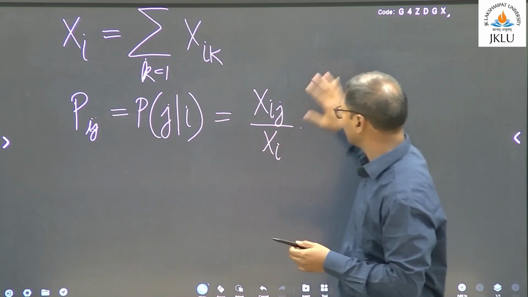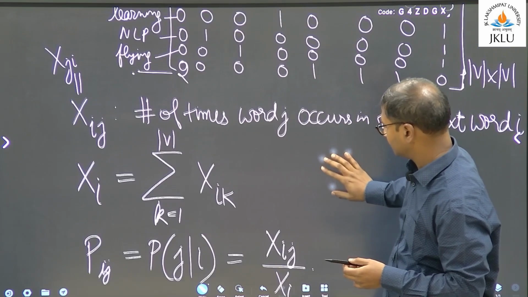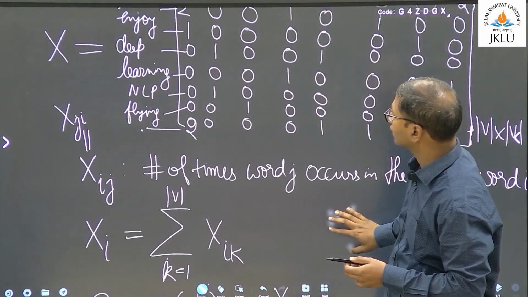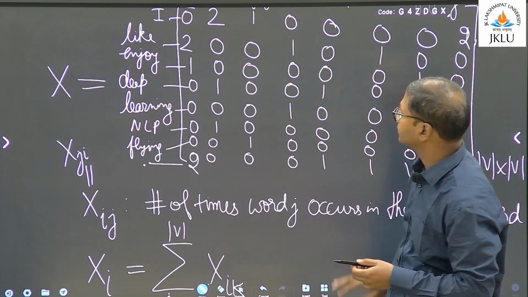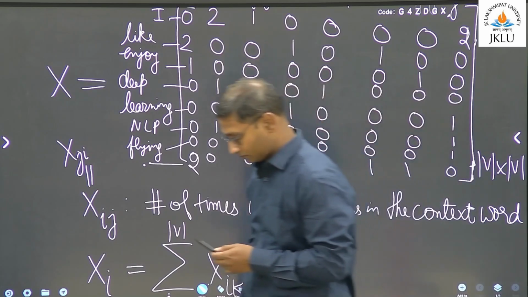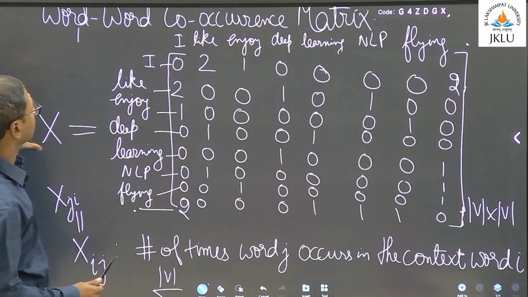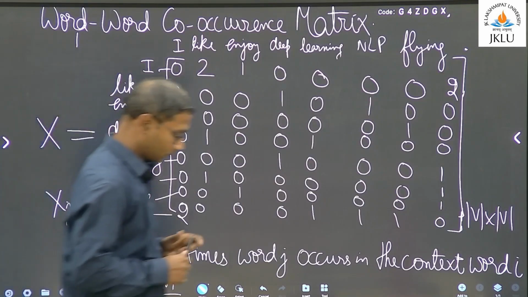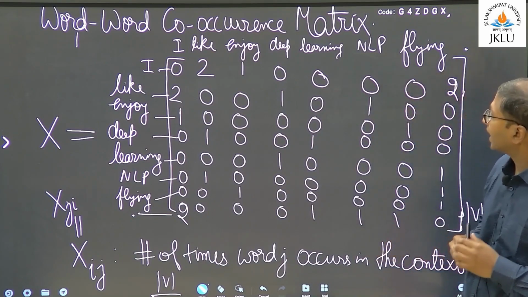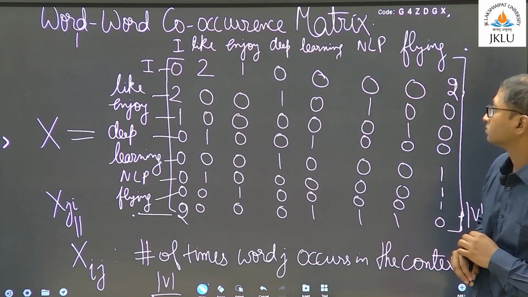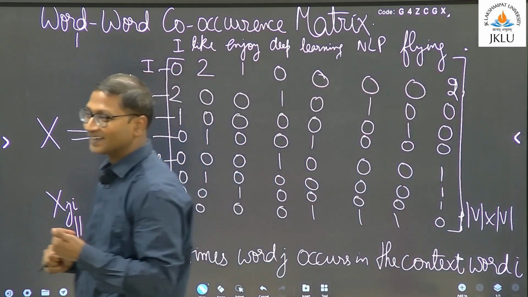What is Pij? It is j given i. So if I ask you what is P of learning given I, what is P of I given like?